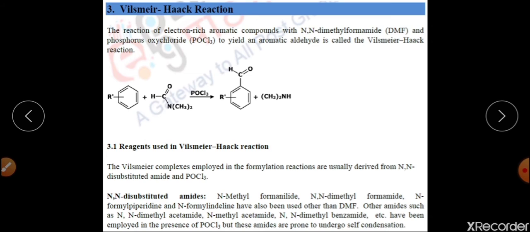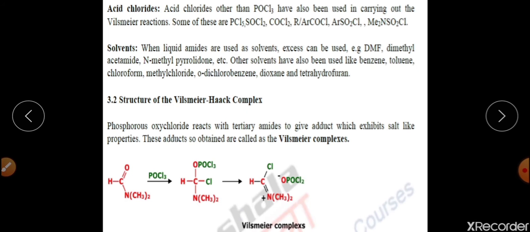So these are the variety of amides that can be used for the Vilsmeier-Haack reaction. Acid chlorides other than POCl3 can also be used. And what are these? These are some chlorides that can be used in place of POCl3.